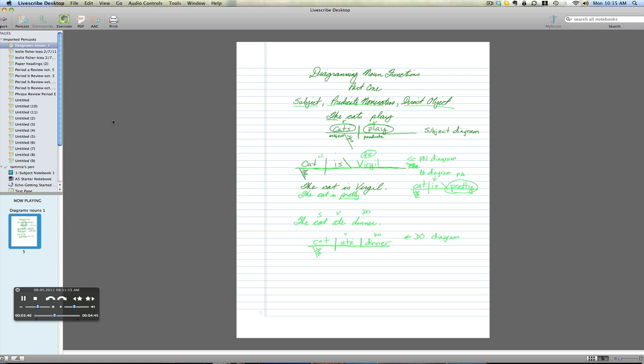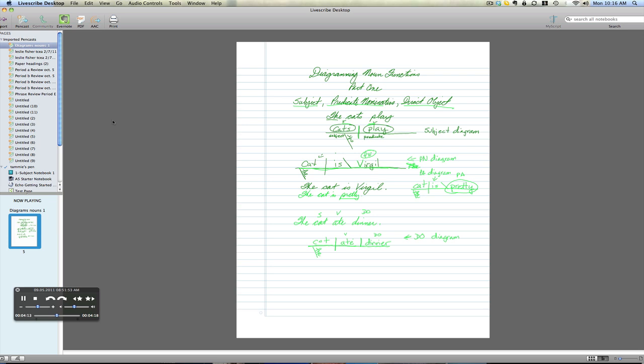In a sense, what it's doing is showing that this refers back to whatever's going to come on the other side. In this case, Virgil is going to be saying the same thing as cat. It's going to be identifying cat. And that exactly is what a predicate nominative is going to do.